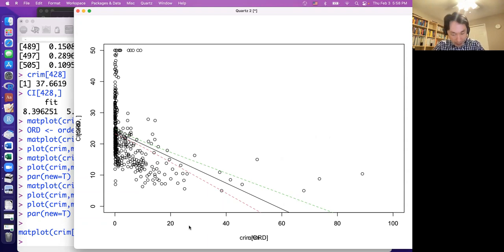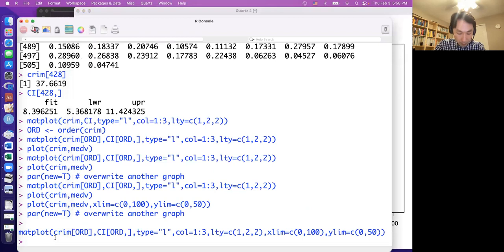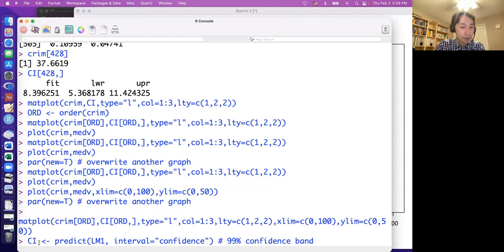For the prediction band, we use the same predict function, but we have to specify interval is equal to prediction. So we have defined the confidence interval, but now we want to define the prediction interval, prediction band.